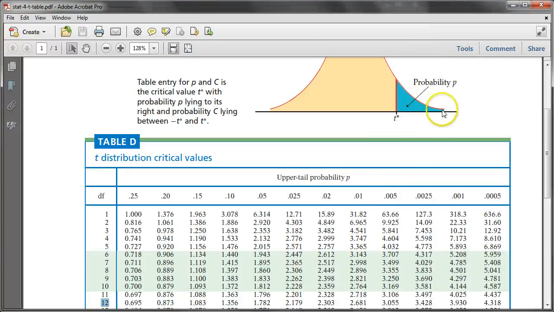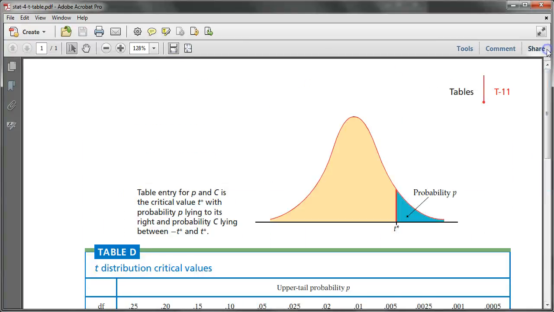The shading is on the right-hand side, so we have to look up the 5%. Now where is the 5% or 0.05? Well, this column here, and the corresponding t-score for 5% shading and degree of freedom 12 is 1.782. That is the t-score.